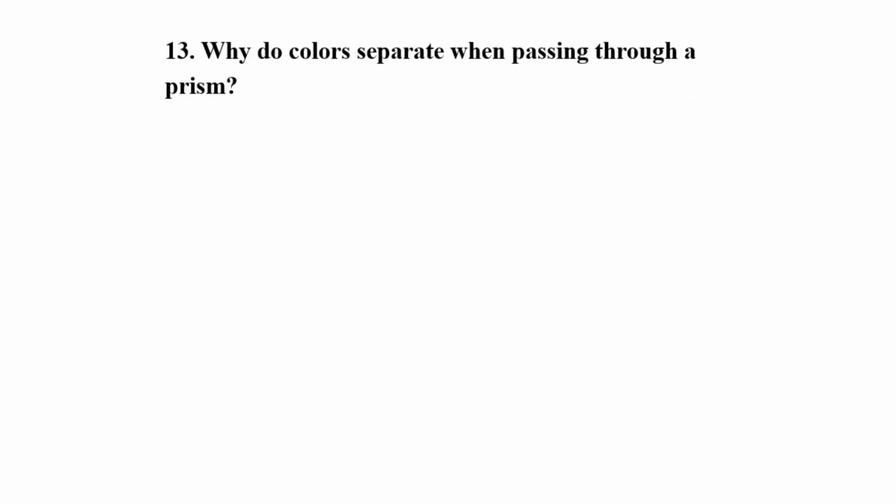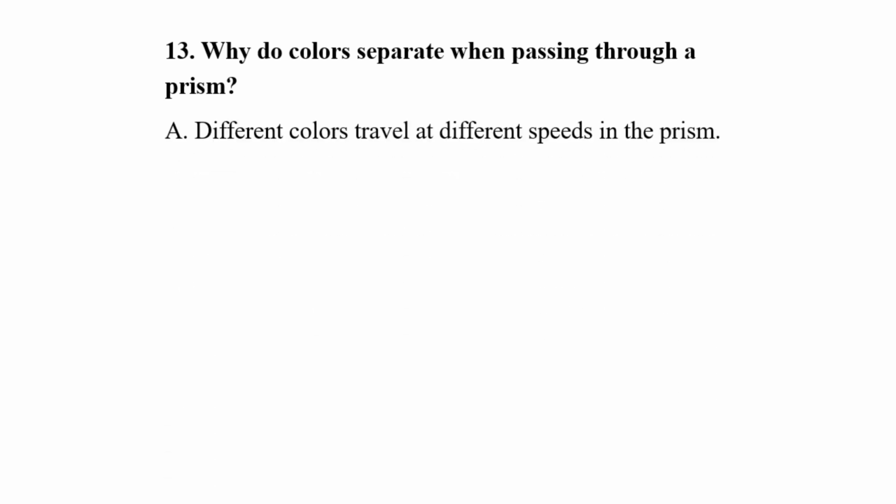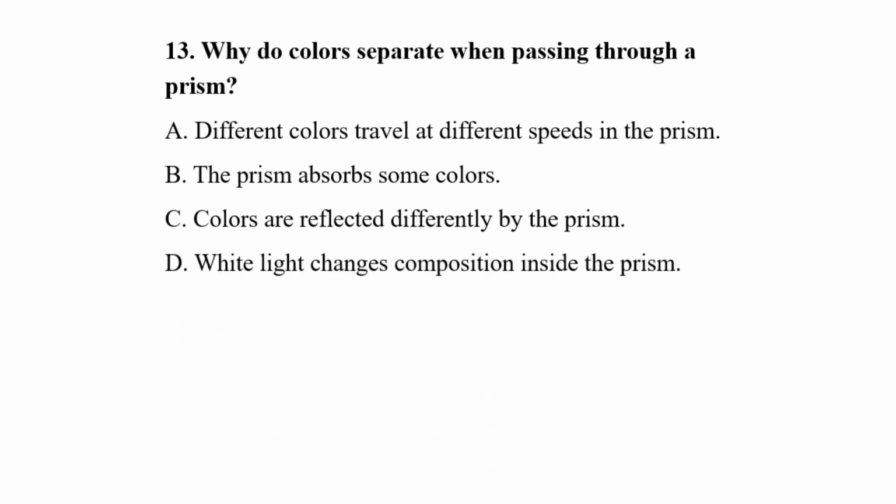Question number 13. Why do colors separate when passing through a prism? A. Different colors travel at different speeds in the prism. B. The prism absorbs some colors. C. Colors are reflected differently by the prism. D. White light changes composition inside the prism.